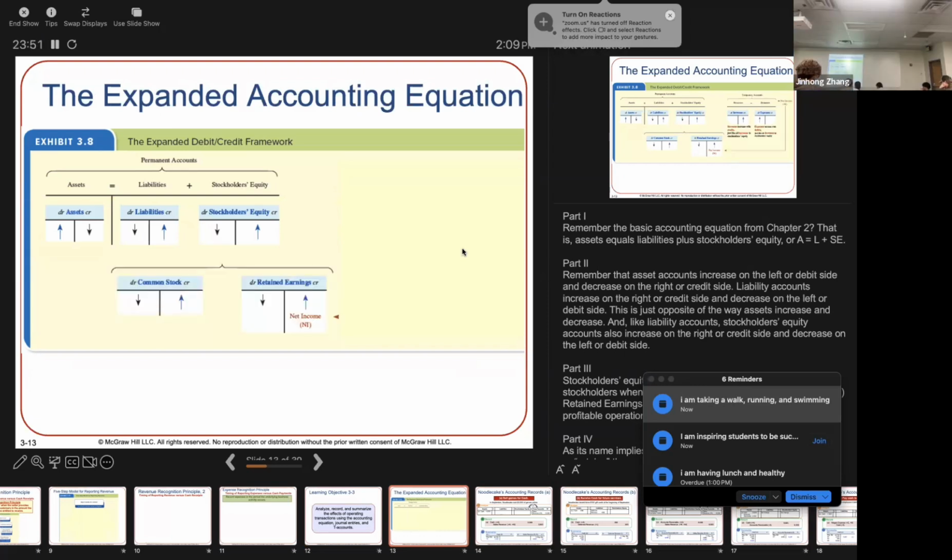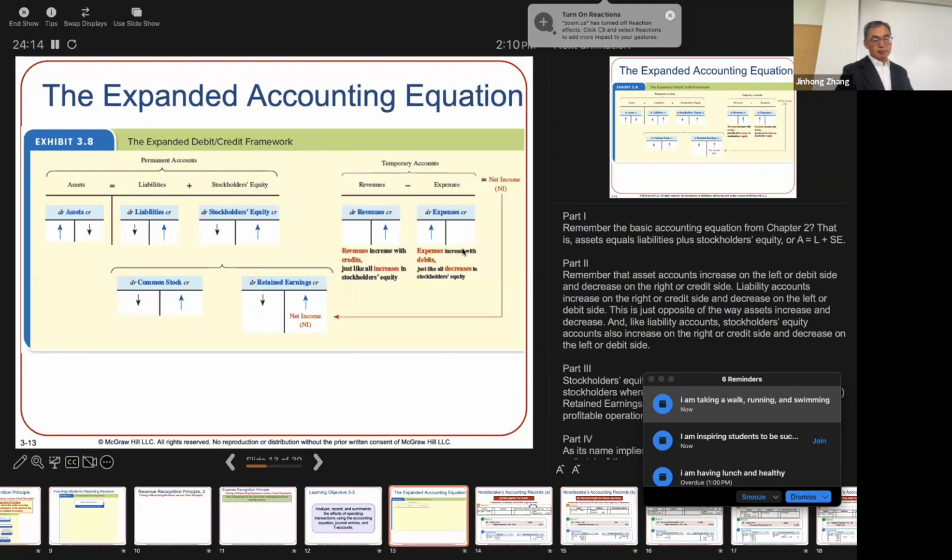And then common stock, that's equity basically, and retained earnings also increases. So basically, the stockholder equity is made up of the beginning balance of the stock equity plus the net income, or whatever new common stock you issued this year.